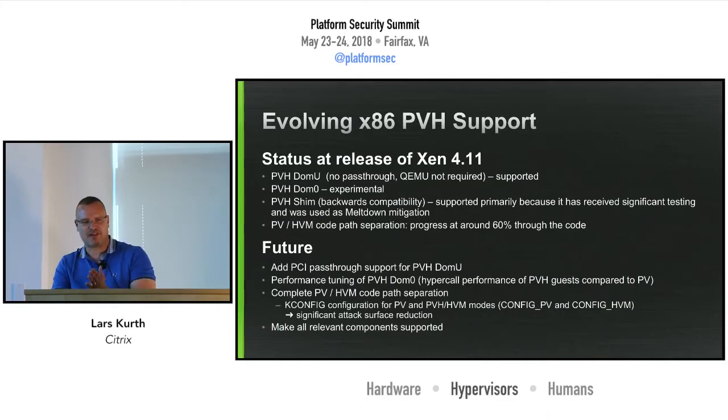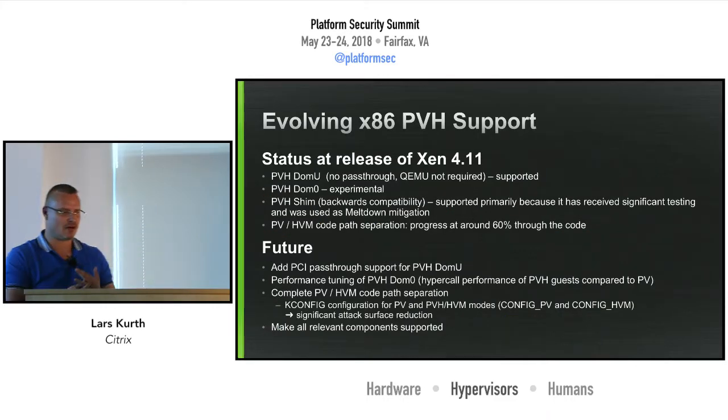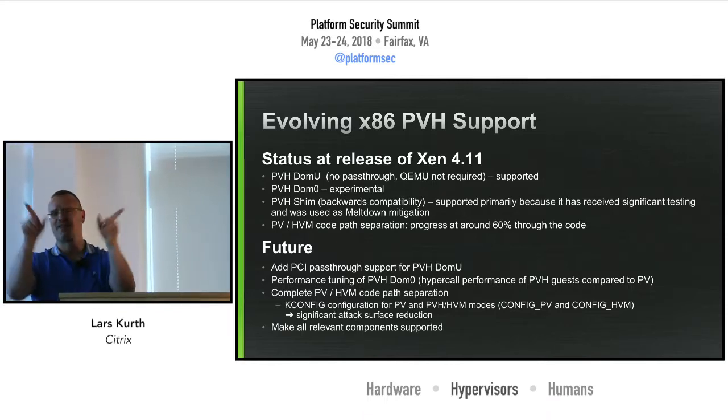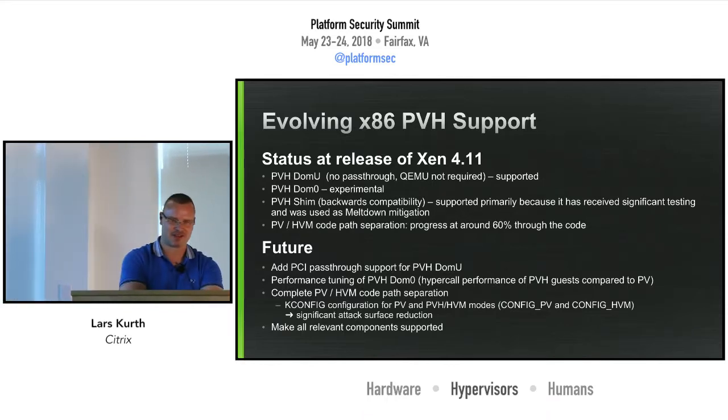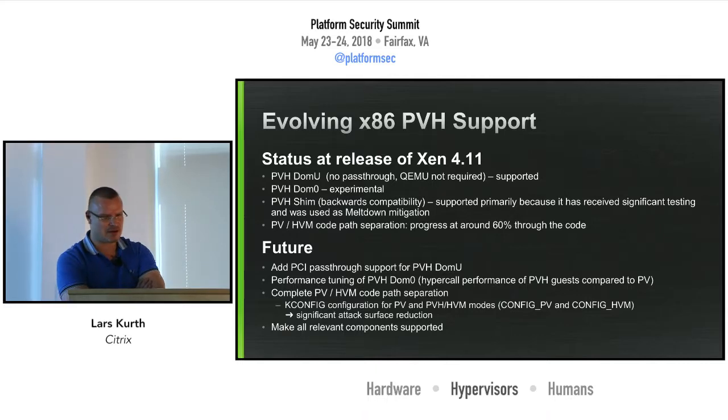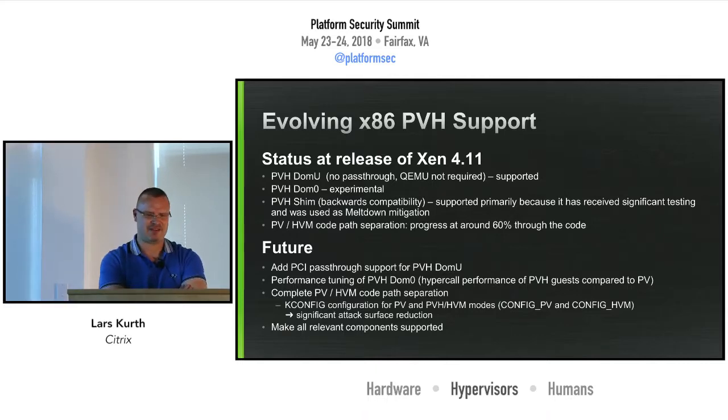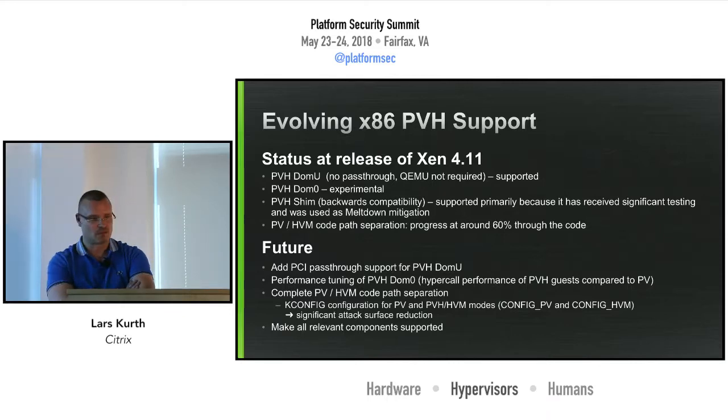The other big thing which has been happening for a while now is the evolution of PVH, or V2 support. We're almost ready to release 4.11. That will have PVH DOM-U, however, without pass-through support yet, and PVH DOM-0 experimental.